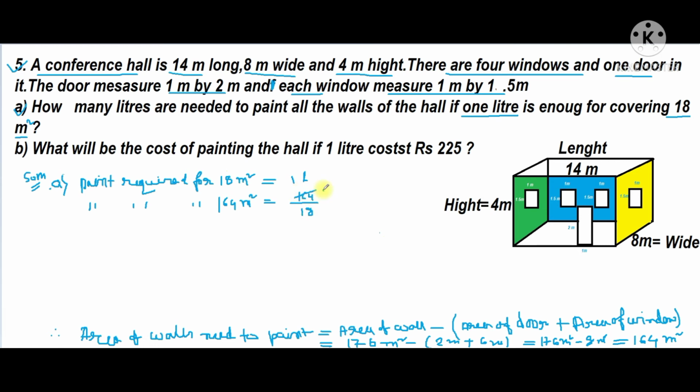Okay, so if I cut by 2, then there will be 82, and denominator cut by 2, then there will be 9.